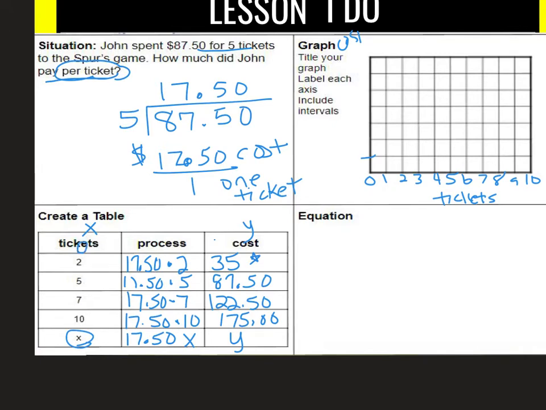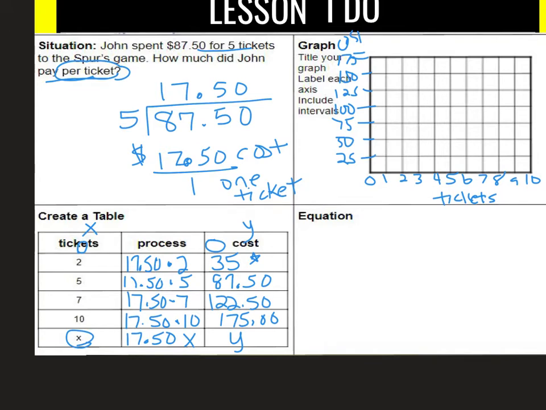If I buy 0 tickets, I spend 0 money, right? So I'm going to go by intervals of, let me try $25, $50, $75, $100, $125, $150, and $175. Okay, let me graph a few ordered pairs on my graph.